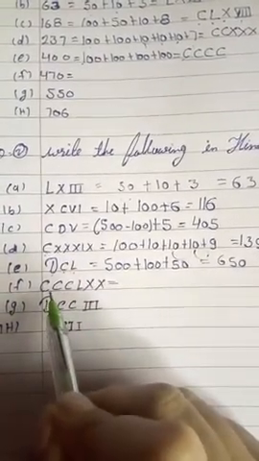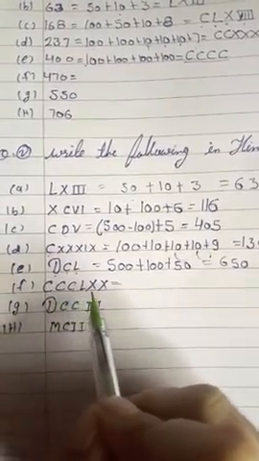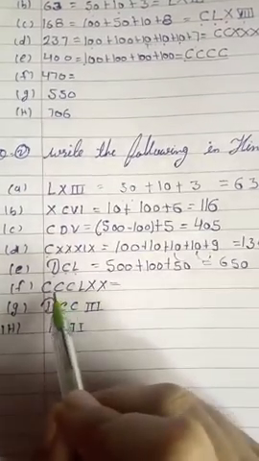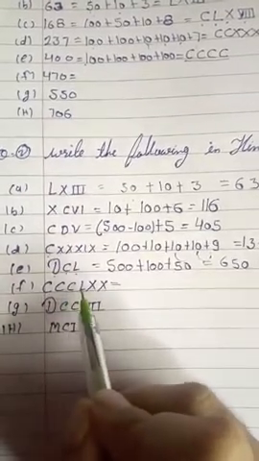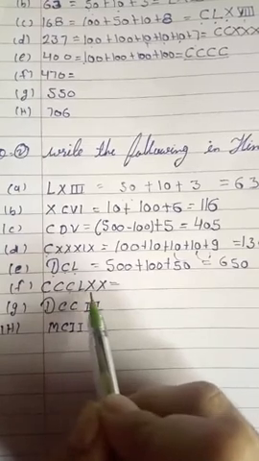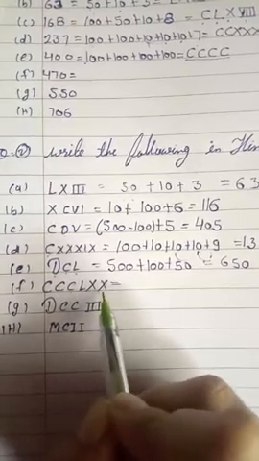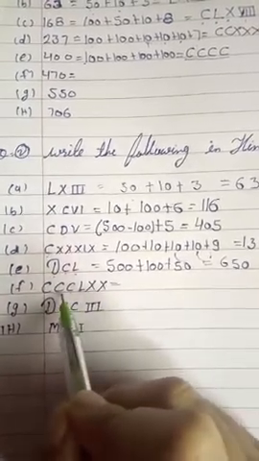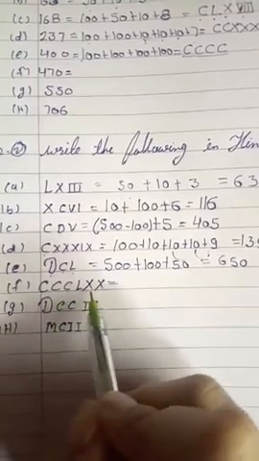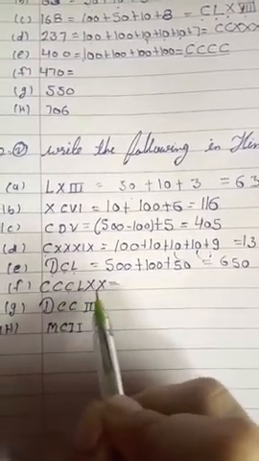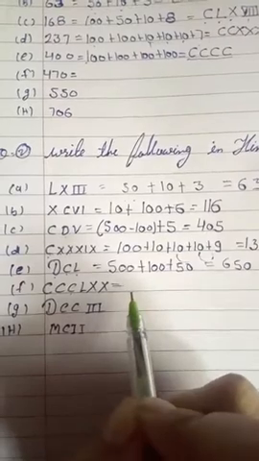Next is F, C, C, C, L, X, X. C is larger than L, and L is larger than X. So add the Roman numbers.